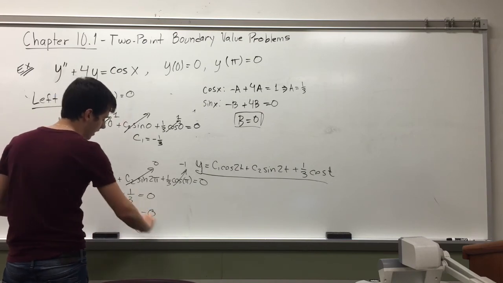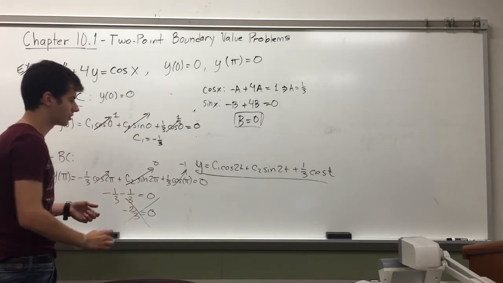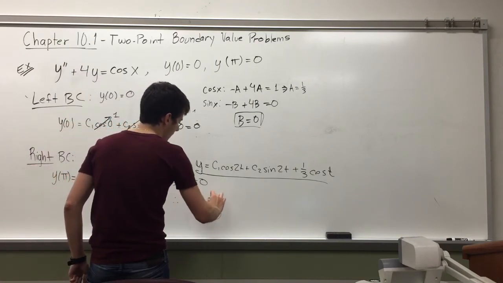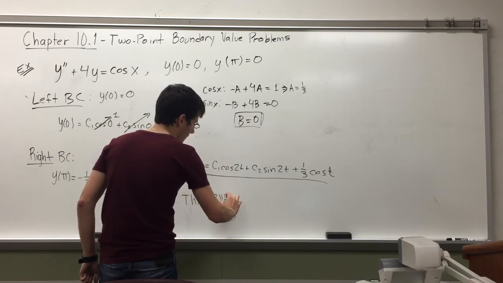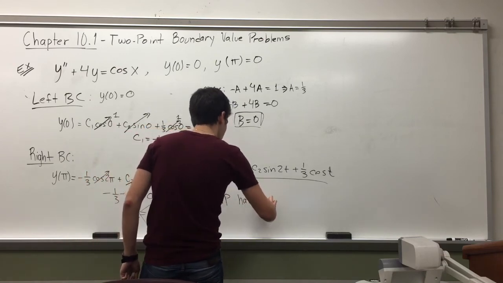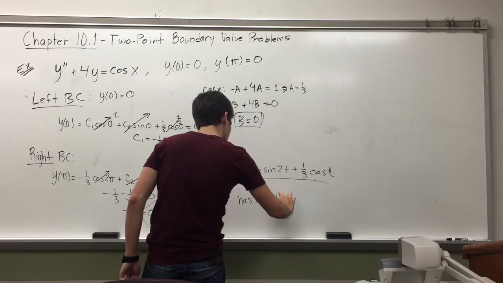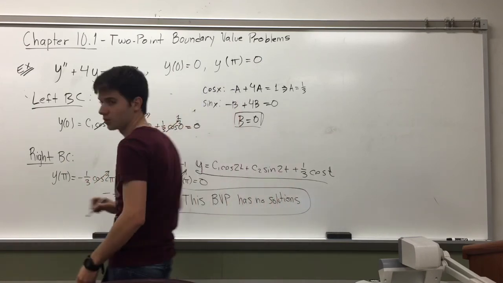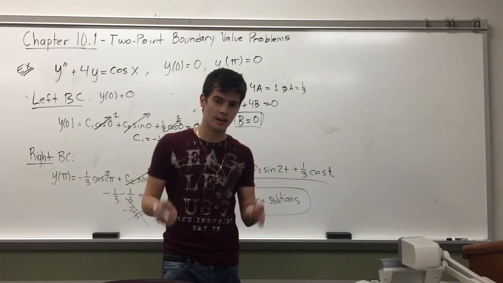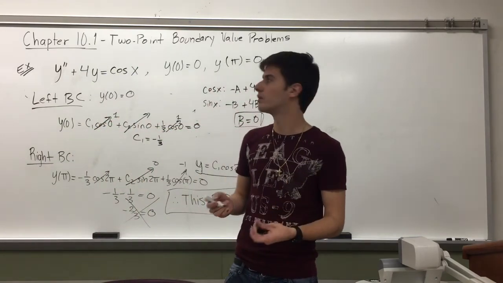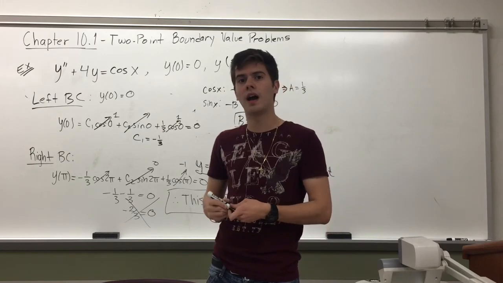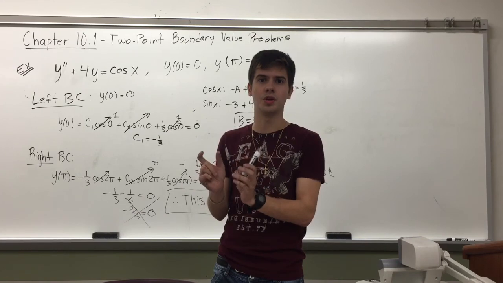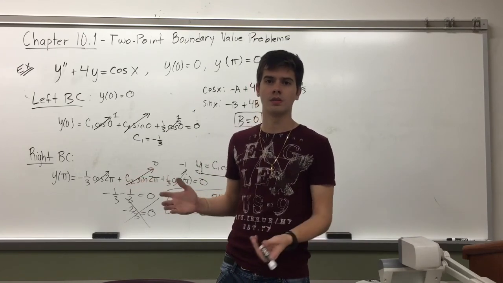So this tells us that there are no solutions. Therefore, this boundary value problem has no solutions. And a linear boundary value problem could either have no solutions, a trivial solution, a unique solution, or infinitely many solutions.